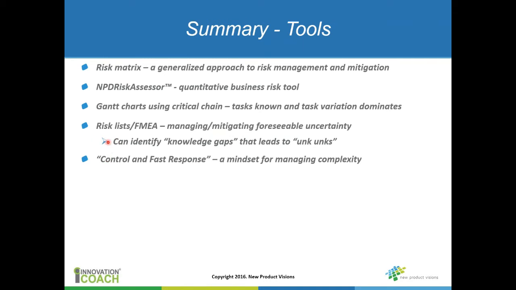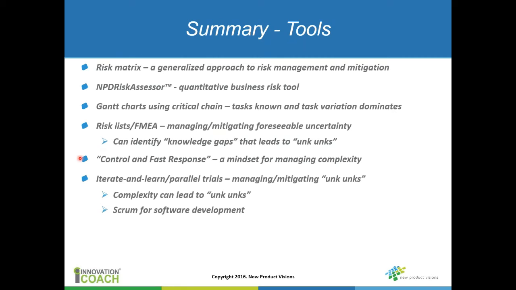If, on top of foreseeable uncertainty, you have complexity, then you really have to think about this mindset of control and fast response, this concept of trying to get the system to fail and to not simplify when there is a failure. So it's really more of a mindset versus a specific tool, and it's really inherent on the project manager to exemplify this mindset within the project.